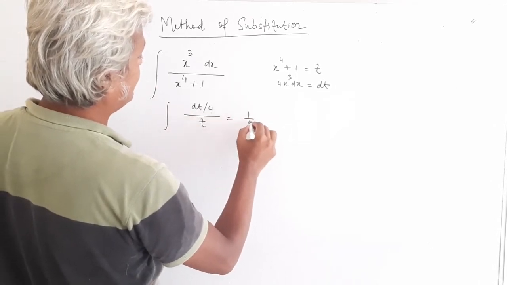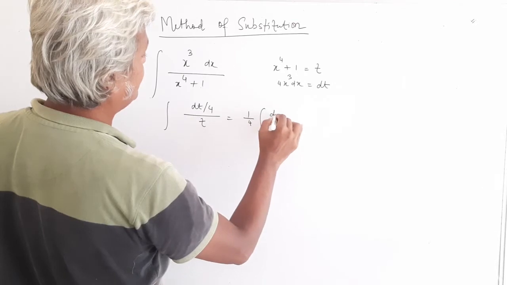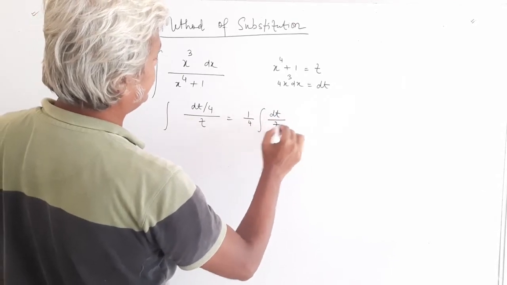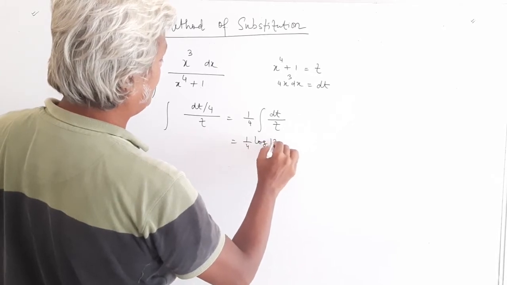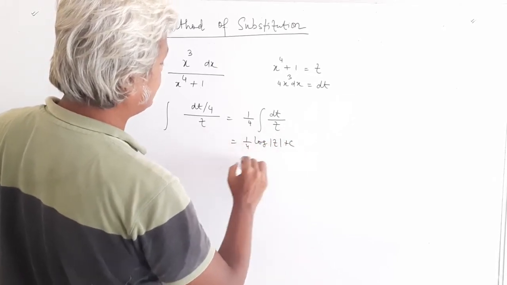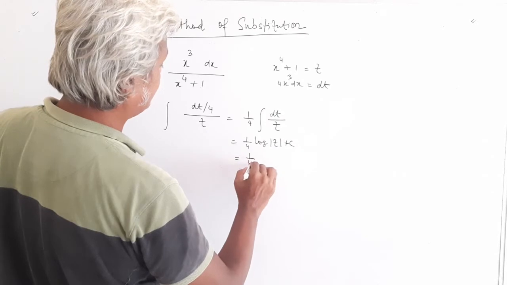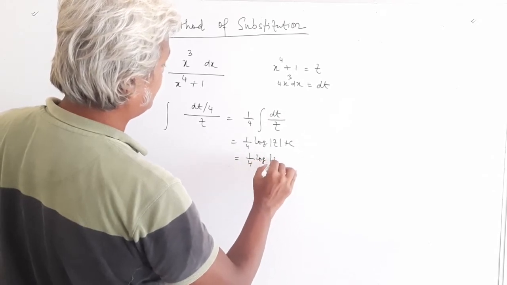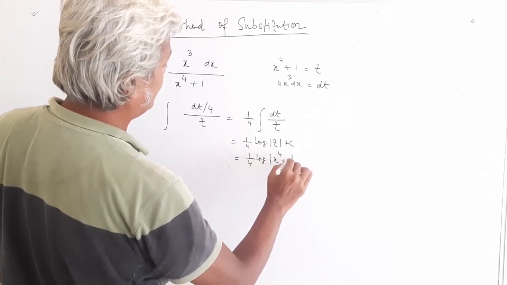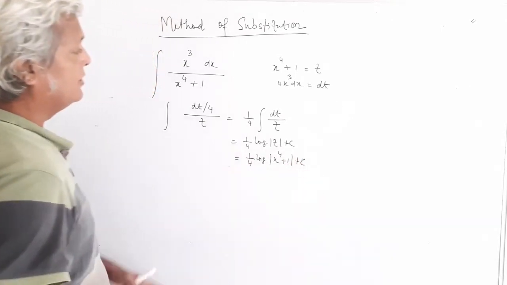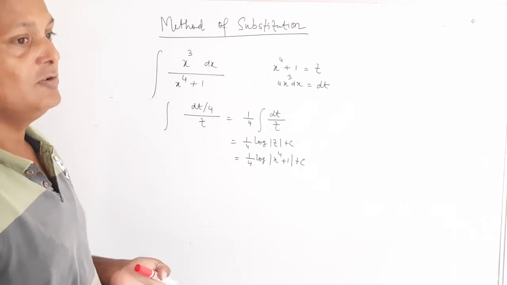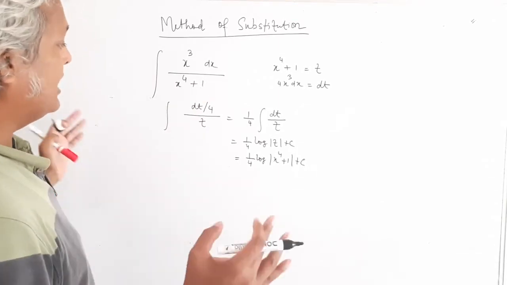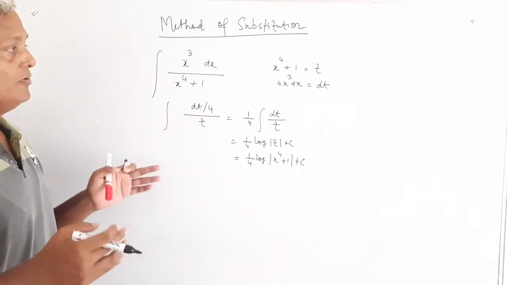So 1 by 4 outside, integration of dt over t, that is 1 by 4 log mod t plus c, and this is 1 by 4 log mod x to the power 4 plus 1 plus c. So you need this kind of command, so that when you see the term, suddenly the formula should click into your head. Now I'll take another example to prove my point.